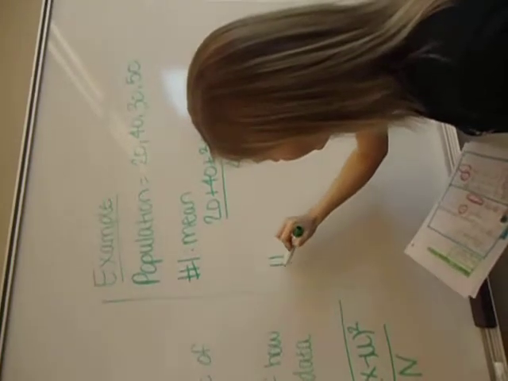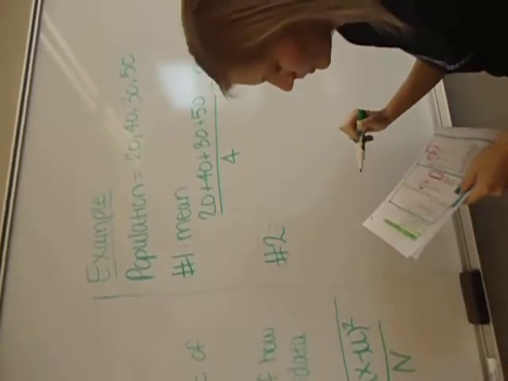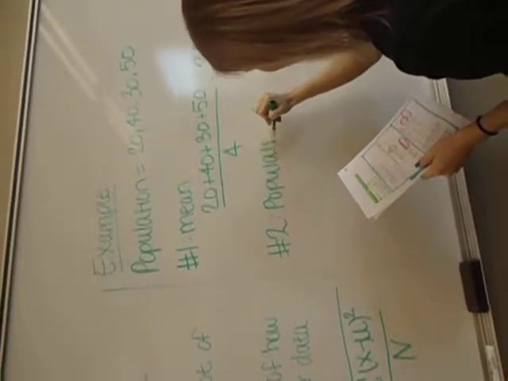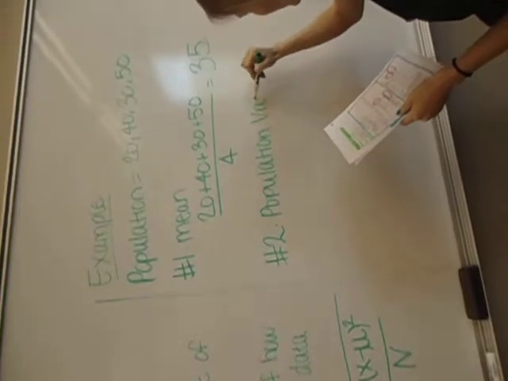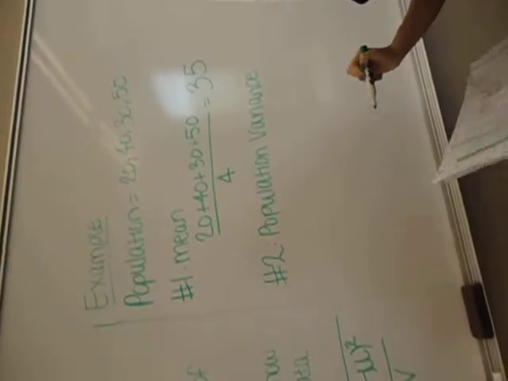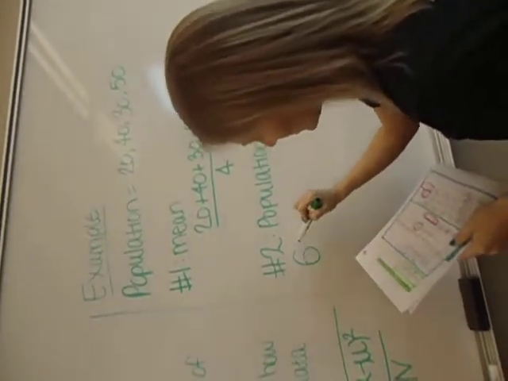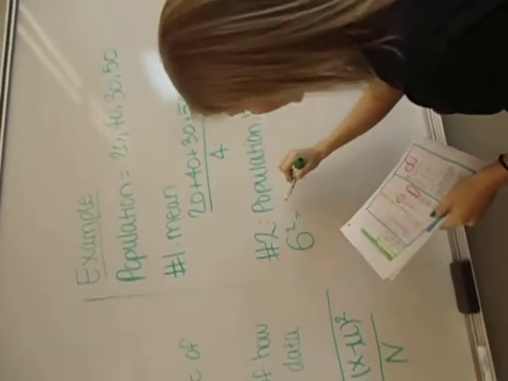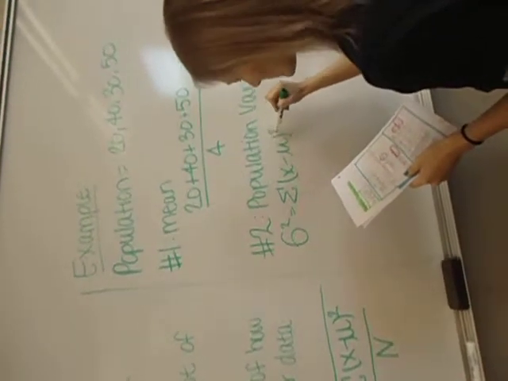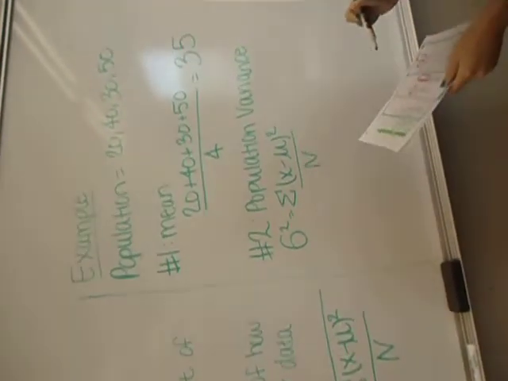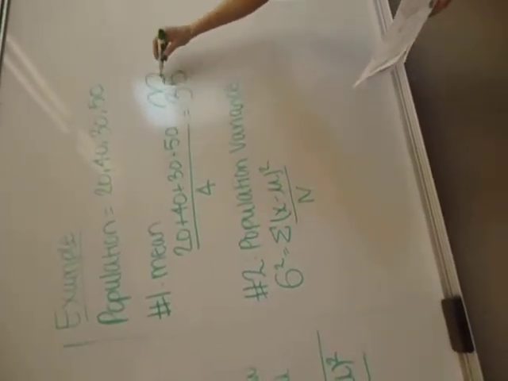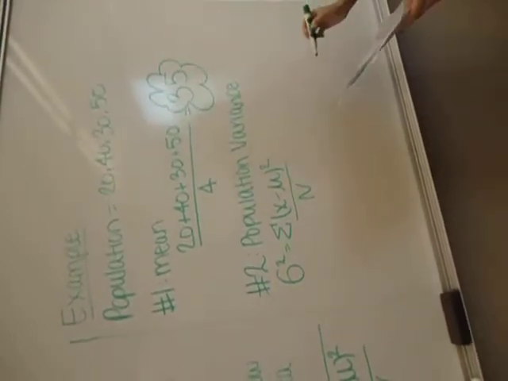Step 2, we are going to find the population variance. So we are going to write the formula, which will be sigma squared. We are going to take each one of these numbers and subtract the mean, and then we are going to square it.